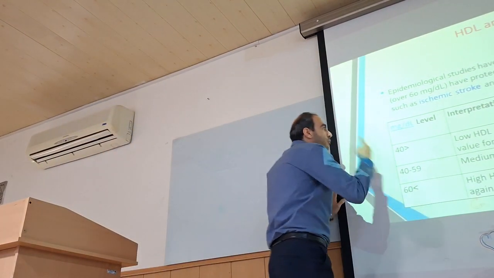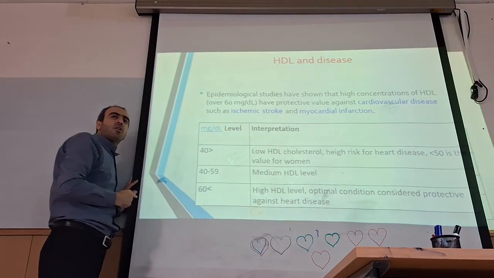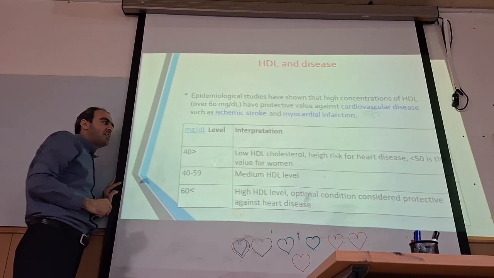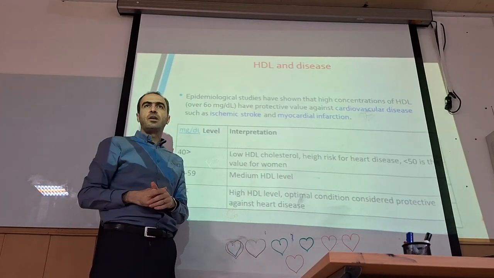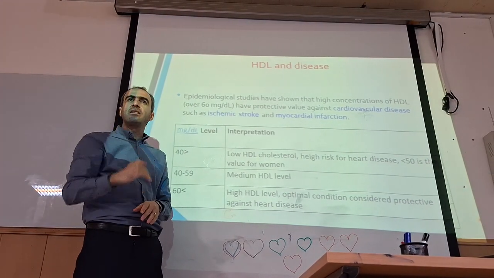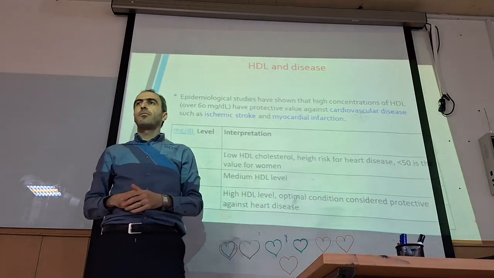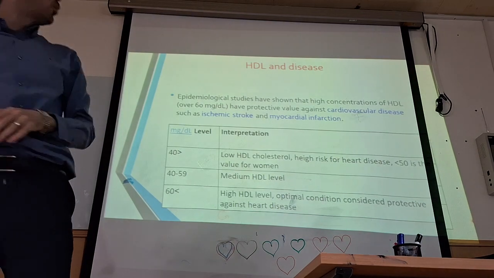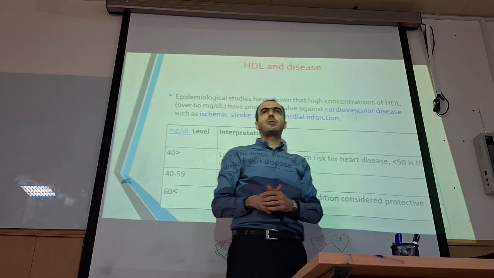For HDL, if the concentration of HDL cholesterol is less than 40 milligrams per deciliter, it means it's low HDL cholesterol and has the highest risk for heart disease for men. For women, the value is less than 50.